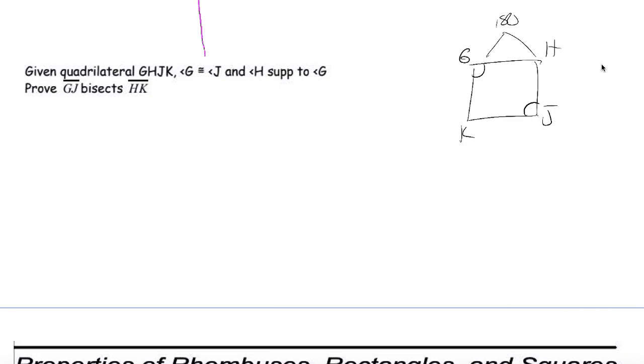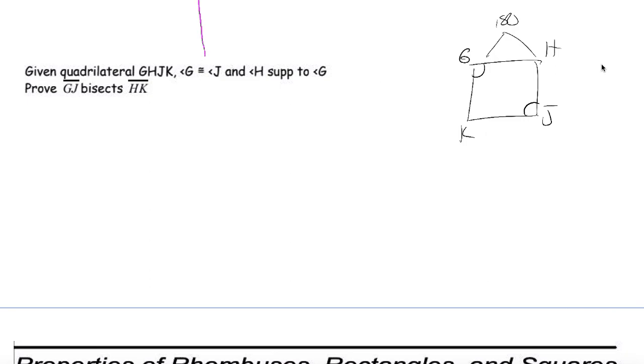What we're going to have to do to figure out if this is a parallelogram, we could prove both pairs of opposite sides parallel. We might be able to find congruent opposite angles, but I think that would be a lot harder to do. So I'm going to go for parallel lines. Keep in mind that if you have consecutive angles or same side interior angles supplementary, then you have parallel lines.